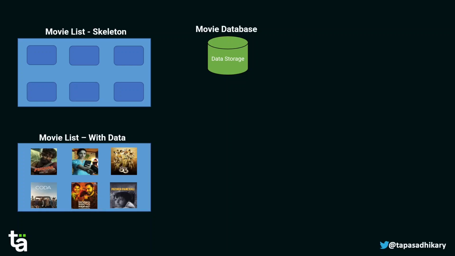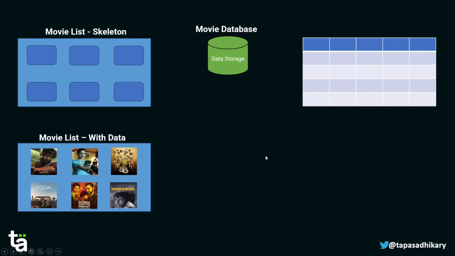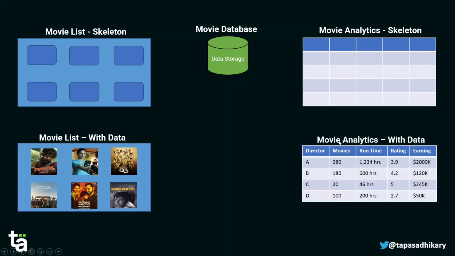Great. Awesome. Now the next moment, my requirement changes a bit. I am looking for another view, another component, which instead of this card based component is a tabular component. It is going to show a slightly different kind of data, in terms of movie analytics, with numbers like this.